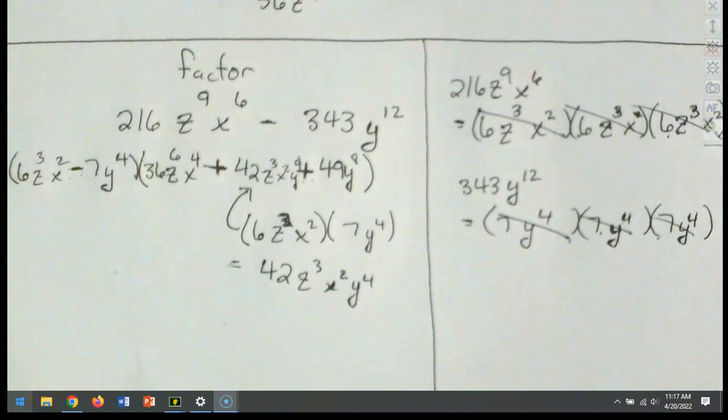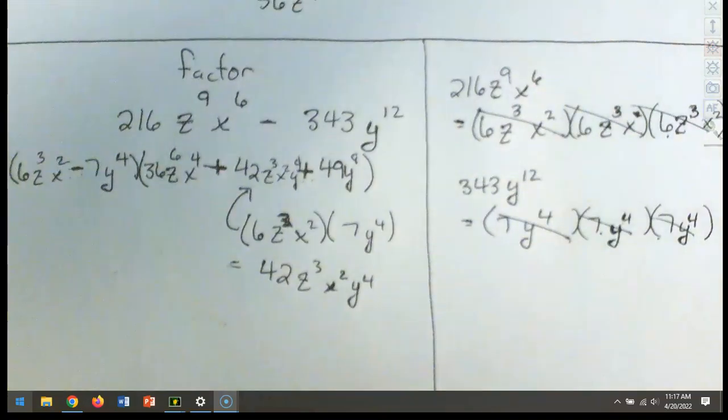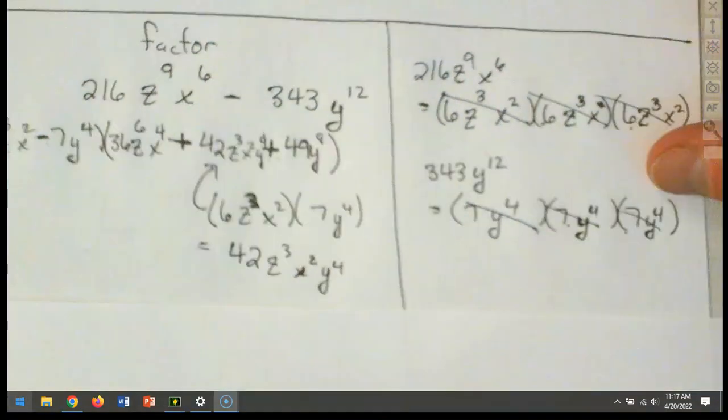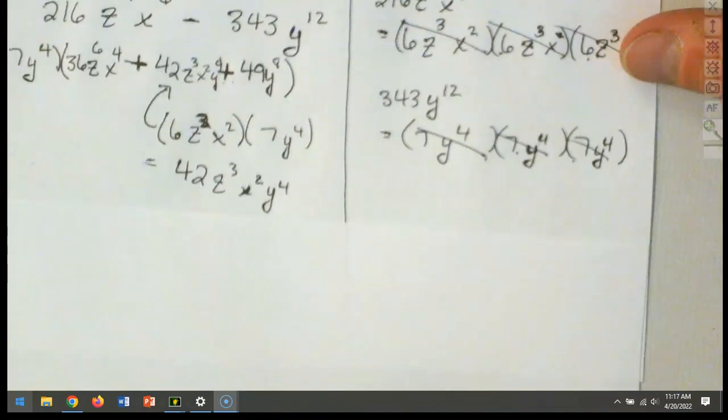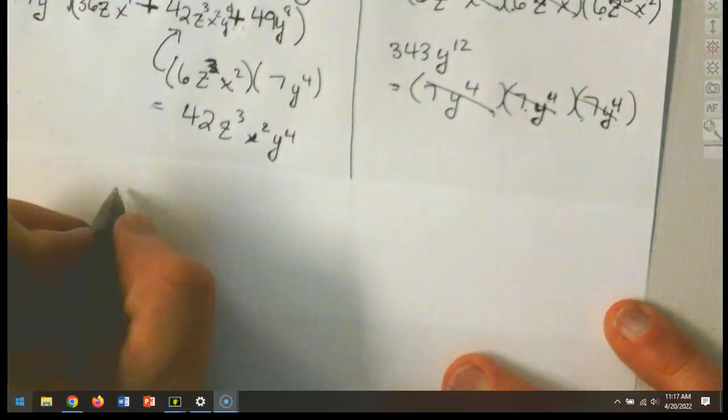I just picked this one and made this one up just because of all the exponents. We can also do this when we have a quantity, just like we did with squares. So we can do this with a quantity as well. So let's try and factor this one.